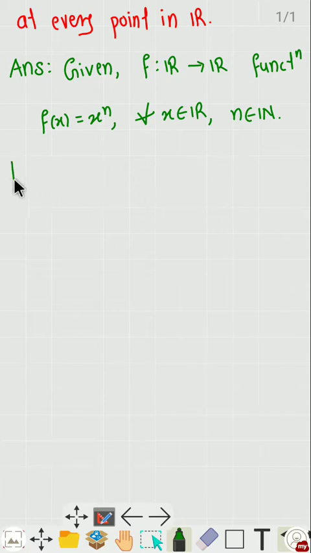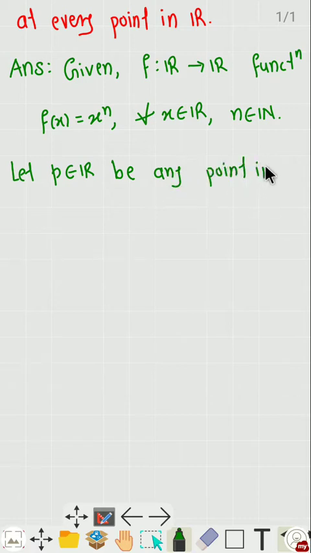So let us take p belongs to R be any arbitrary point in R, and we show that the function f is differentiable at point p.